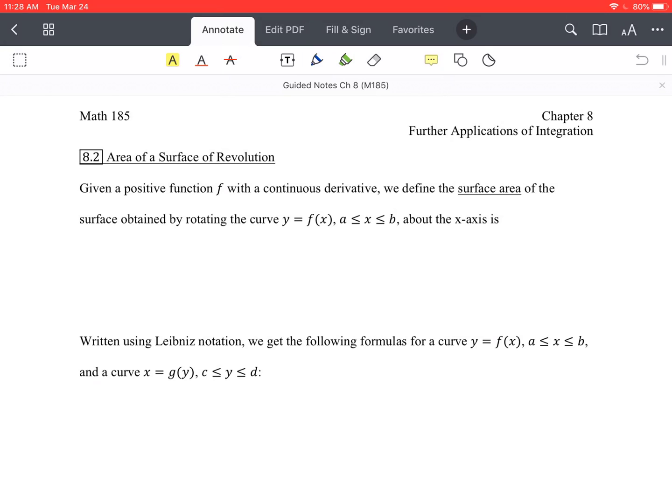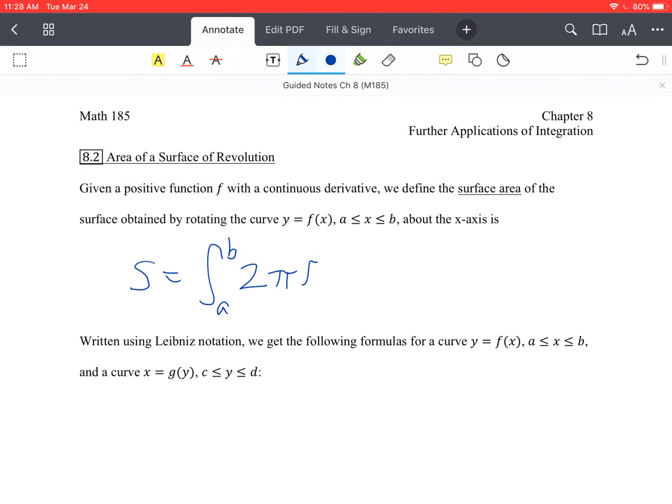So given a positive function f with a continuous derivative, we define the surface area of the surface obtained by rotating the curve y equals f of x from a to b about the x-axis is given by the formula, we call it S equals the integral from a to b of 2 pi f of x times the square root of 1 plus f prime of x squared dx.